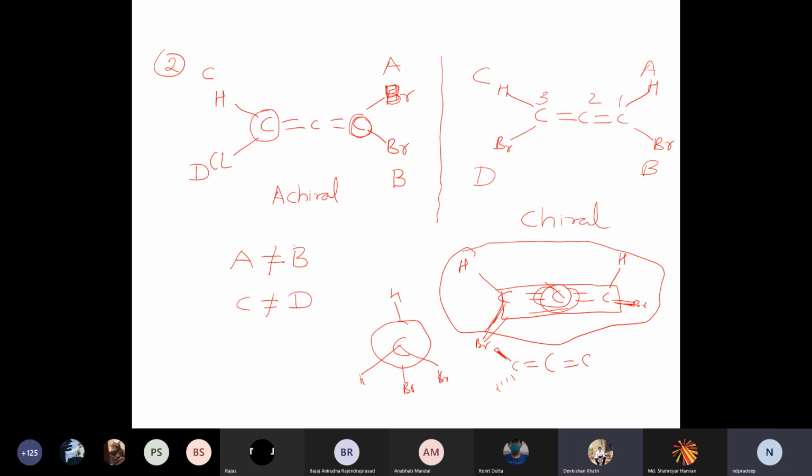I will see whether I can get a nice video. But are you okay with the two rules? Yes, sir. The first rule says it should have an even number of double bonds, and the substituents of the same carbon should be different. That's all. Clear.